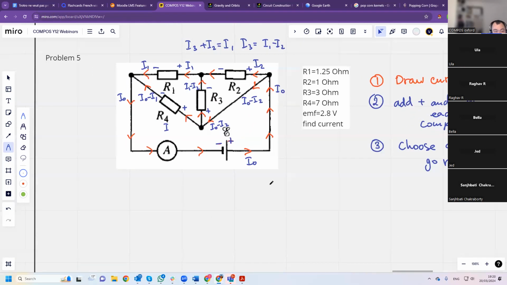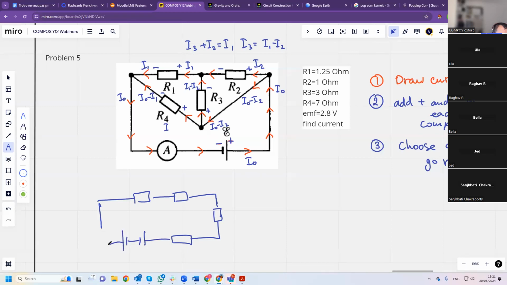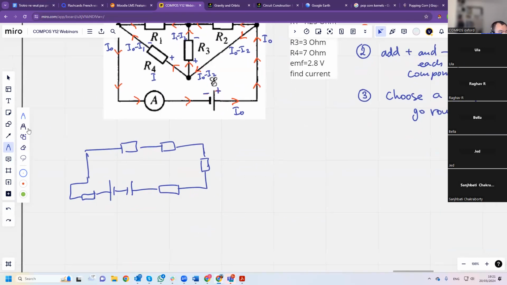So Kirchhoff's second law says that if you have several components, EMF1, EMF2, V1, V2, V3, V4, V5.